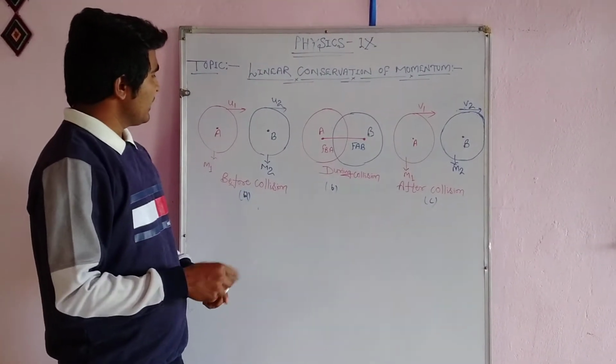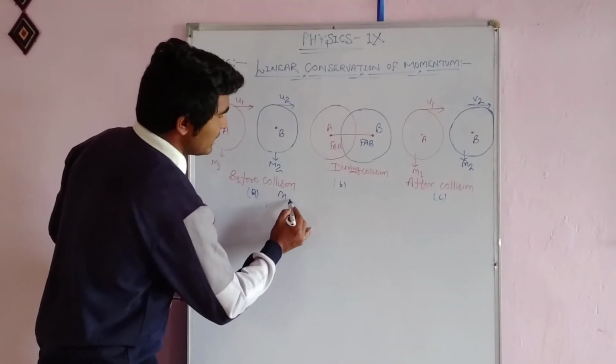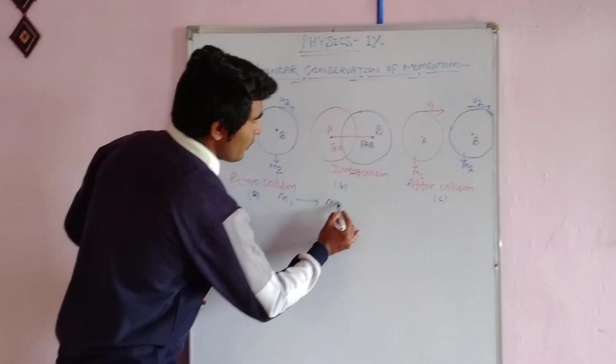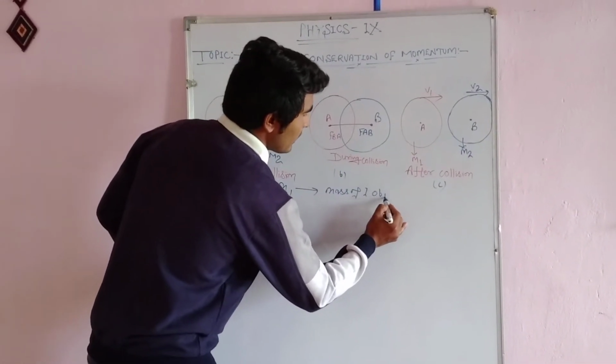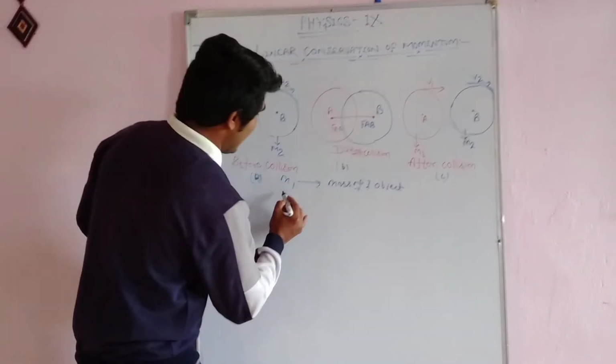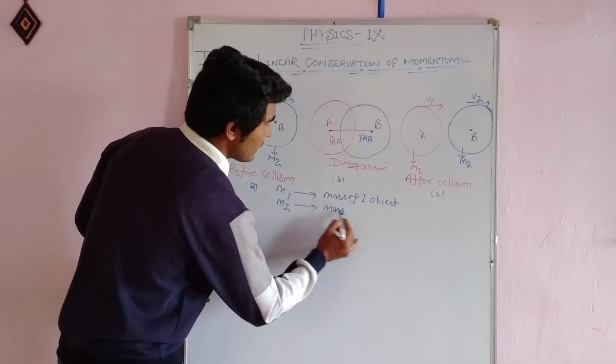In this case, m1 is the mass of the first object and m2 is the mass of the second object.